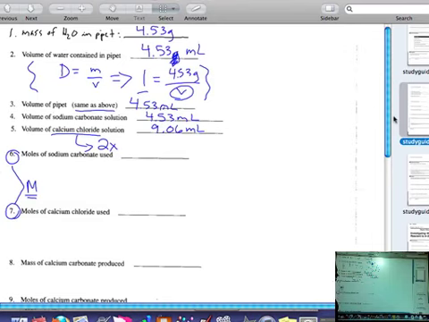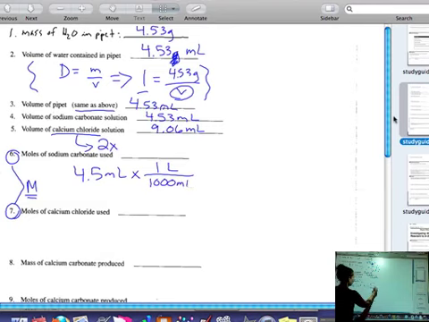Moles of sodium carbonate. We started with volume. That's all we have. That's all we know, because we have a solution of sodium carbonate. And we started with 4.5 mils. Okay? I'm rounding down a little bit to make it more simple. And then we've got to go back, because molarity is moles per liter, so we've got to get to liters, okay?